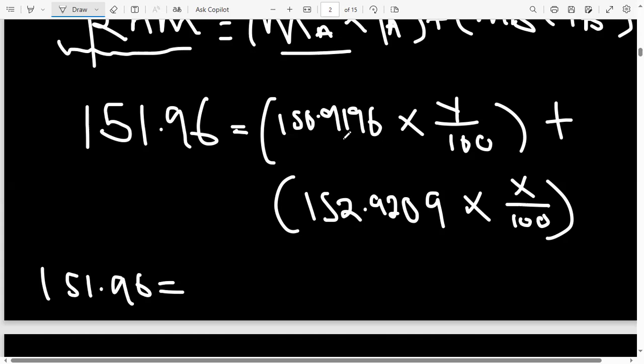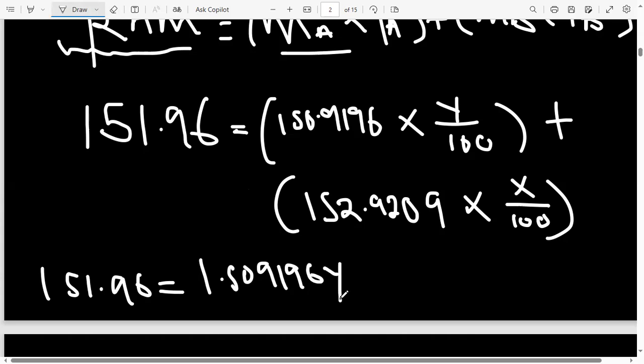Get your calculator and punch in 150.9196 divided by 100. I'm going to get 1.509196.